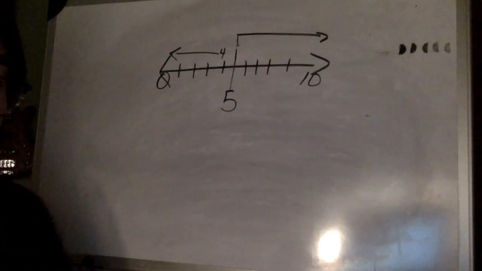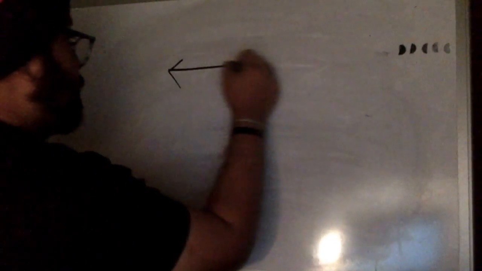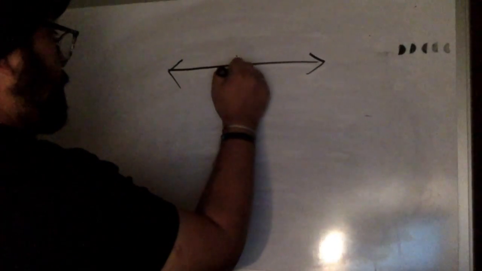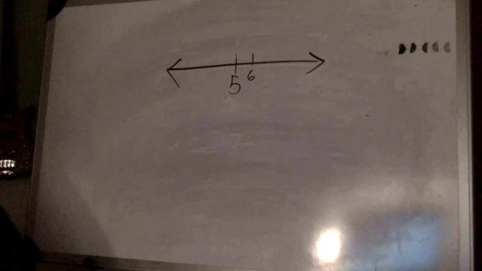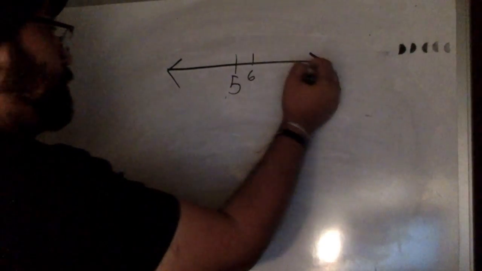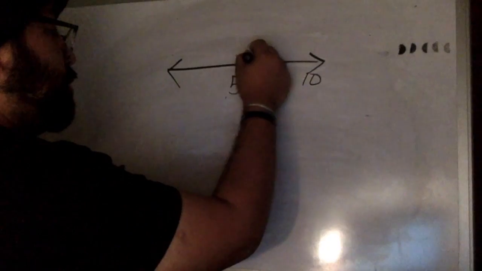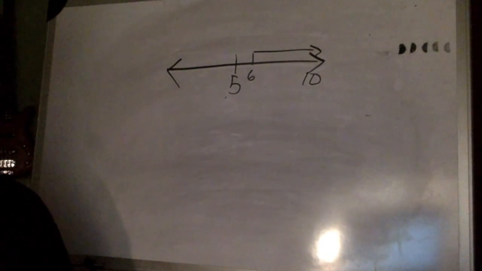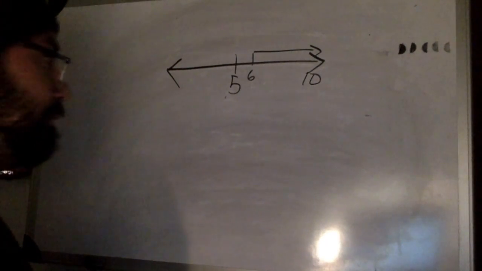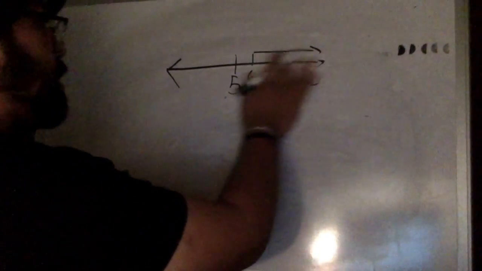Let's try some examples to get us started. For example, 6 in this case, rounding to the nearest 10, well, 6 would round to 10. So 6 to the nearest 10 is 10. What if we did 14 to the nearest 10?